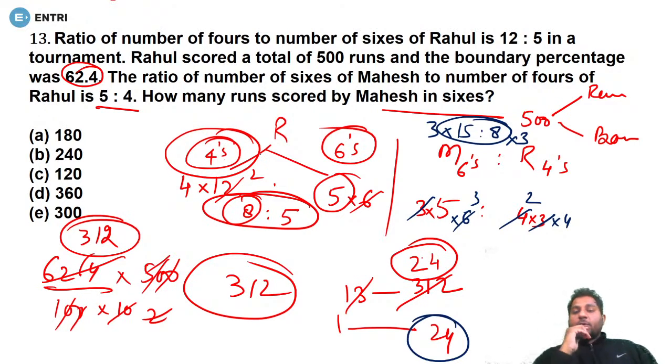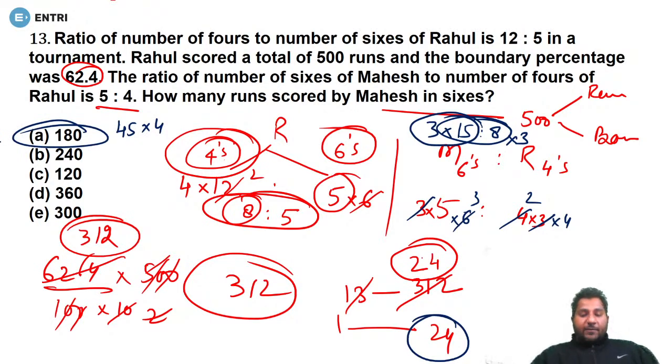Now how are you going to tell me the answer? Come on guys, I want everyone to solve this question. Okay, so they have hit 45 fours. So 45 fours is equal to what? 180. Okay, so your answer would be 180, I believe.